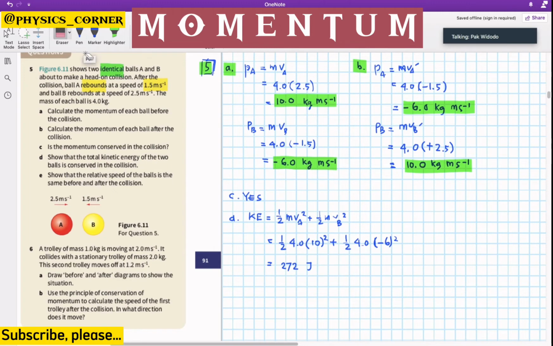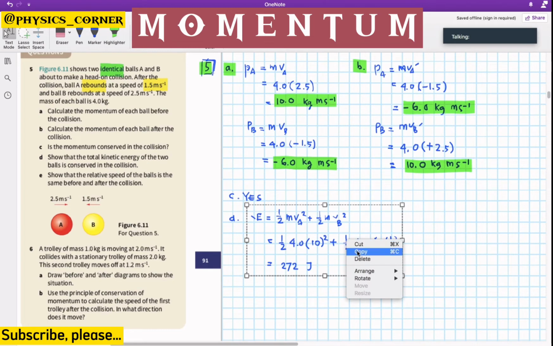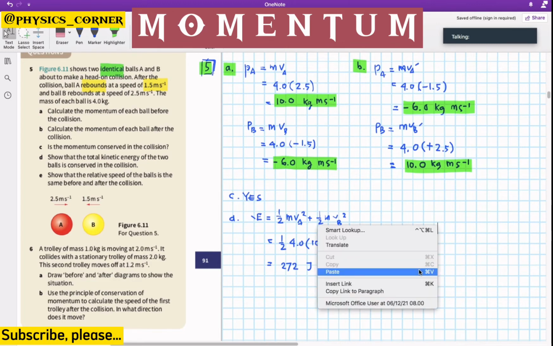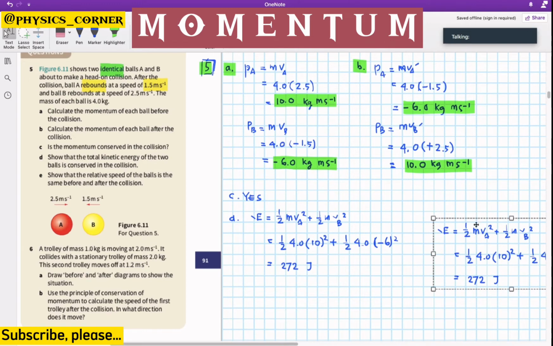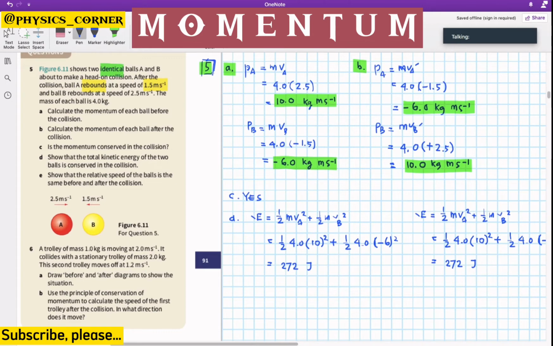Momentum after is the same thing also. This is the same thing, before and after.